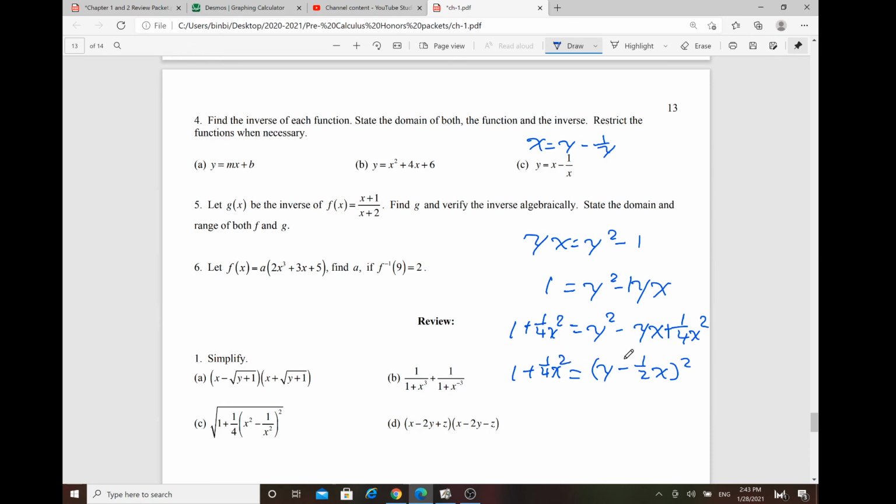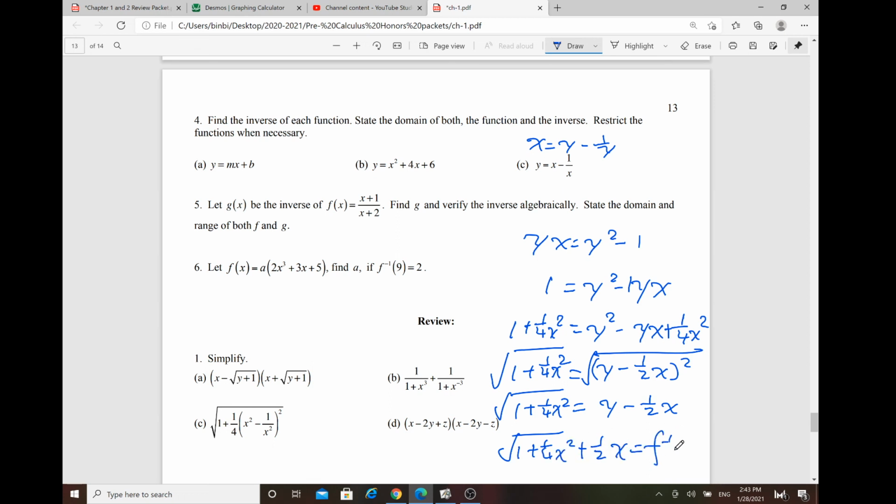So this one, take the square root, because you want to isolate that y by itself. So it's y minus 1/2 x equals the square root of 1 plus 1/4 x squared, and then add 1/2 x on the other side. So then that'll be the inverse. It's quite interesting.